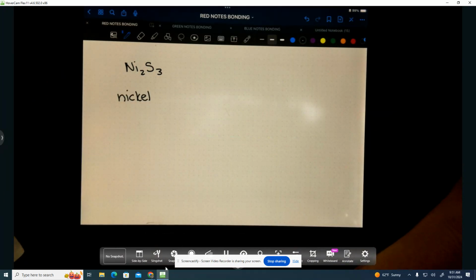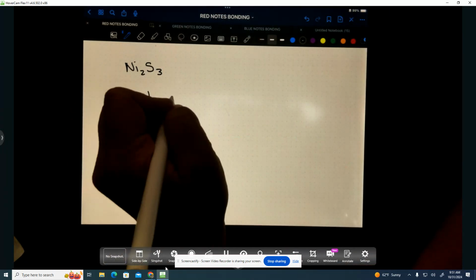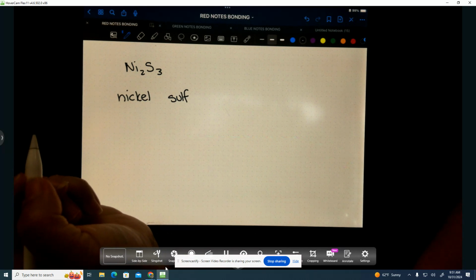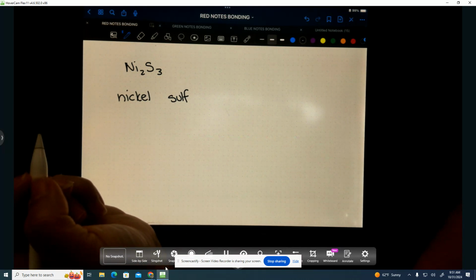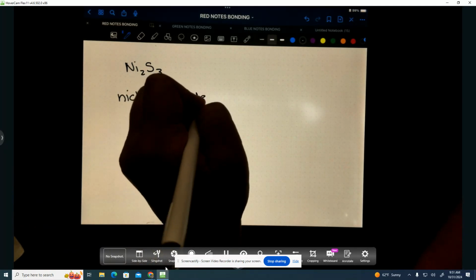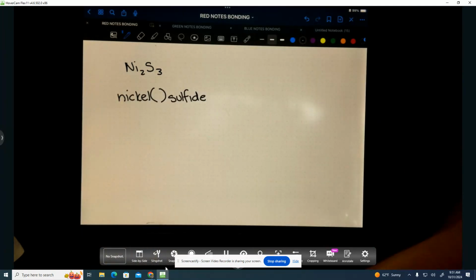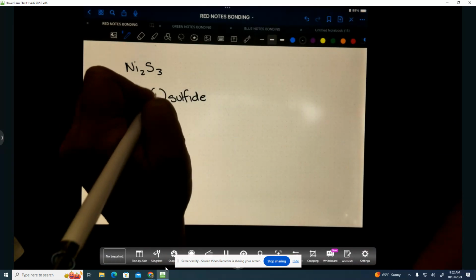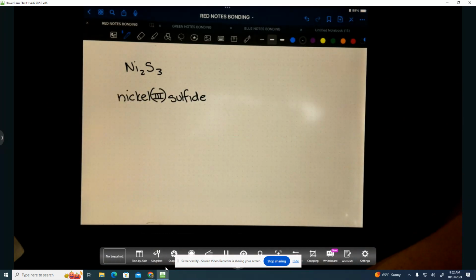Ide. Does it need a Roman numeral? Does nickel have more than one choice? Yes. Which nickel did I use? +3. So it's nickel 3 sulfide.